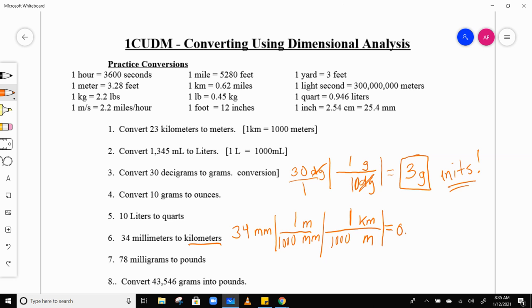Now, it comes out to this number, 0.000034. And if we look here, millimeters and millimeters cancel, meters and meters cancel, and we wind up with kilometers in the end. So the units are kilometers.